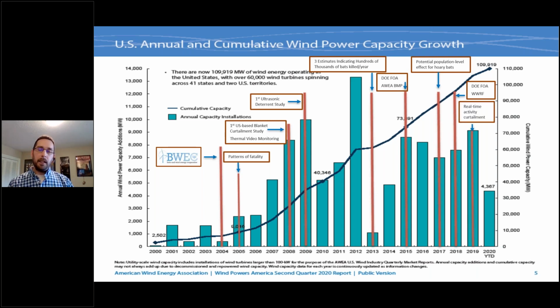And then the last thing that I'll highlight here is in 2019, the first publication using real-time bat activity to inform curtailment decisions was published. So you can imagine there's a whole bunch of information that you could populate this figure with, but what I tried to do here is just put several of the firsts that have spurred additional research to help with our understanding.